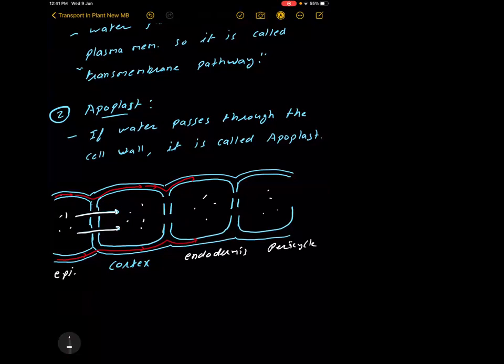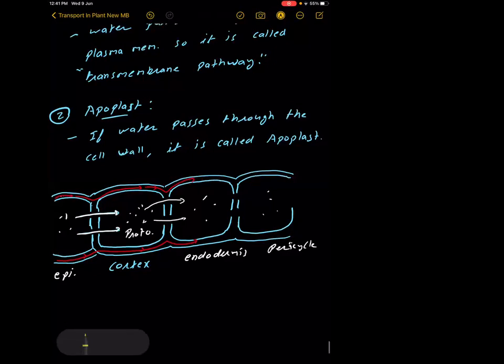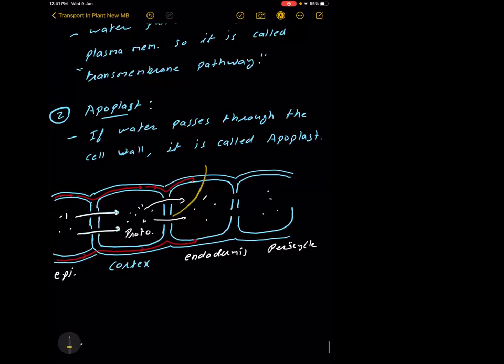So this is protoplasm, or you can say cytoplasm. Water enters the protoplasm, and again it passes through the protoplasm via plasmodesmata. This point is plasmodesmata. Plasmodesmata are cell junctions in plant cells where the cell wall is absent between two adjacent cells.